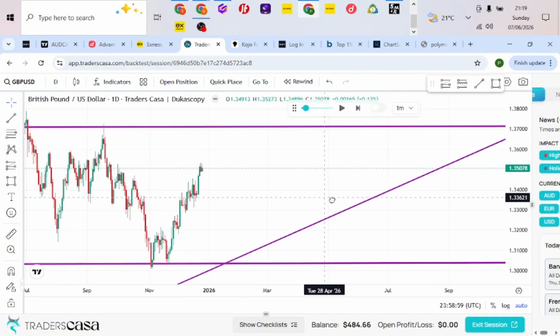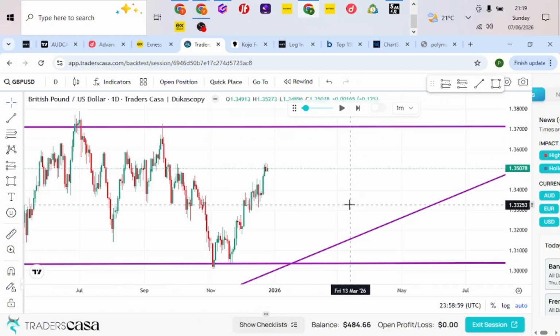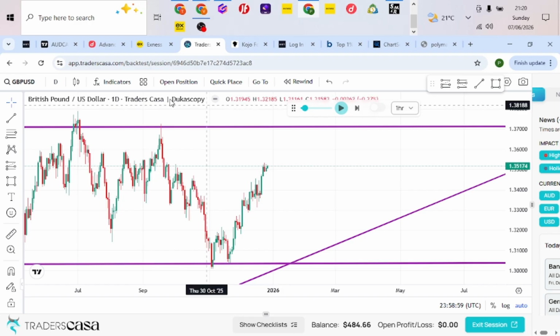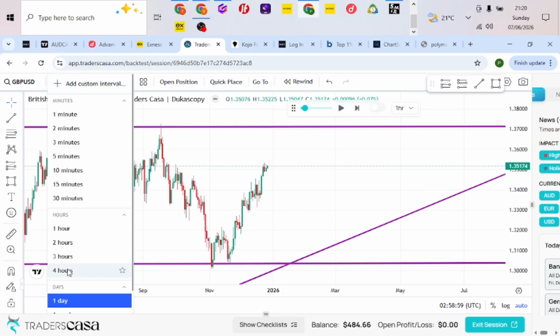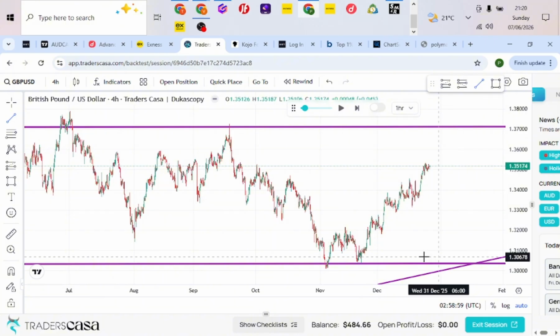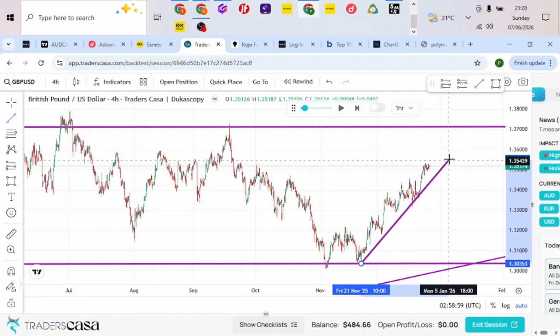Now we have narrowed that down to the daily time frame. On the daily time frame, we can see that we have 2 swing highs here. The market came down in this direction and is now headed back in this direction. Let us narrow it down to 4 hours. Let us plot our trend line here on the 4-hour time frame.